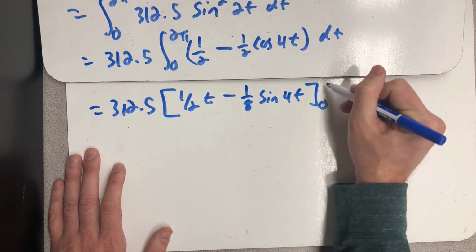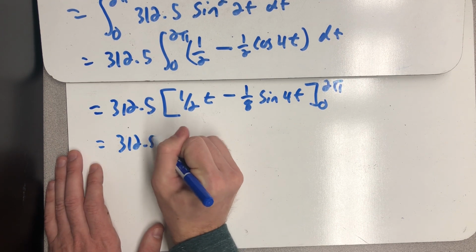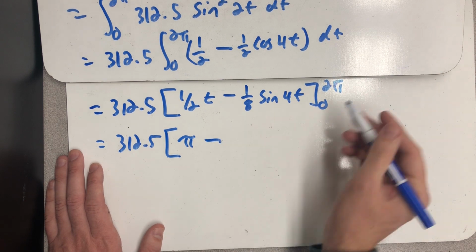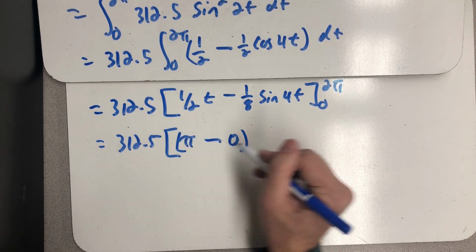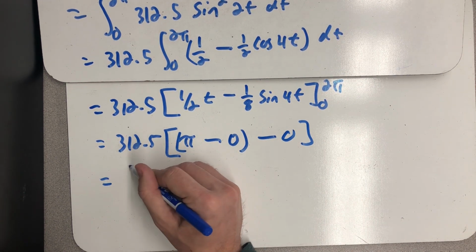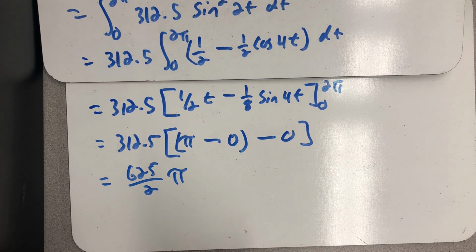And I need to evaluate that from 0 to 2 pi. So I have 312.5 times pi minus 1/8 sine of 8 pi, well, that's going to be 0. Minus 0. So I'm going to rewrite this as 625 over 2 pi. And so I've evaluated my path integral.